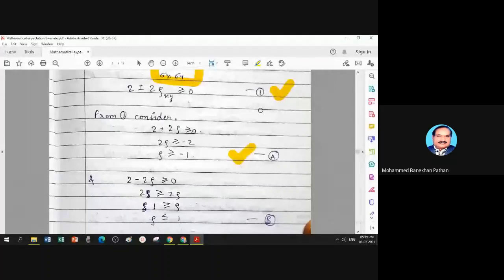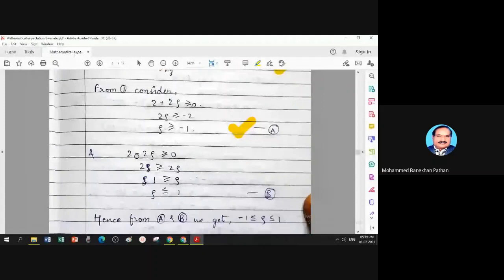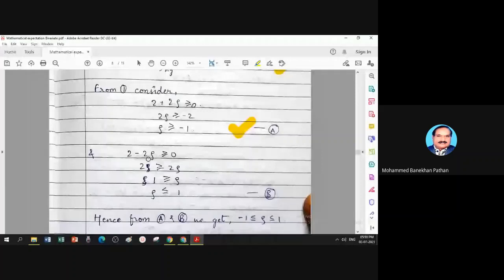Now from equation 1, take the minus sign. 2 minus 2 rho greater than or equal to 0. Take this minus 2 rho to the right hand side. So 2 greater than or equal to 2 rho. Now 2 gets cancelled. Rho less than or equal to 1.